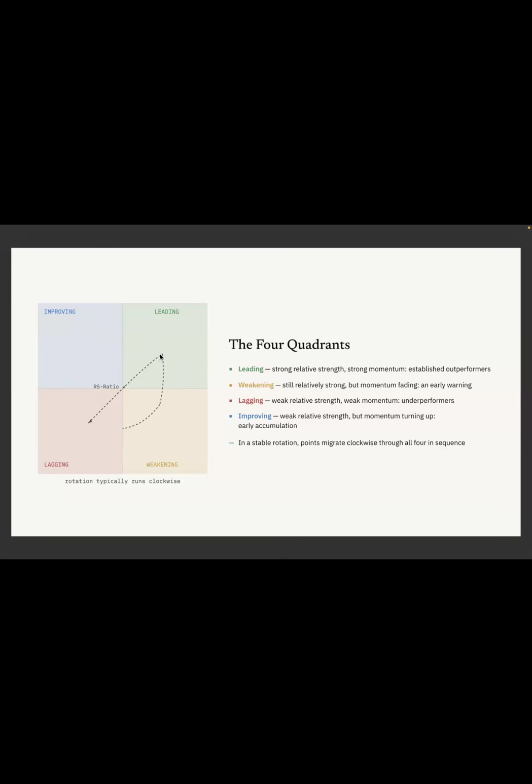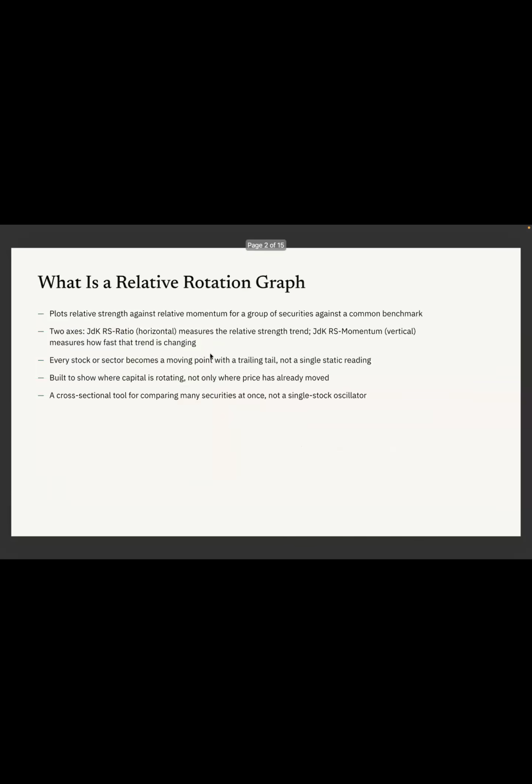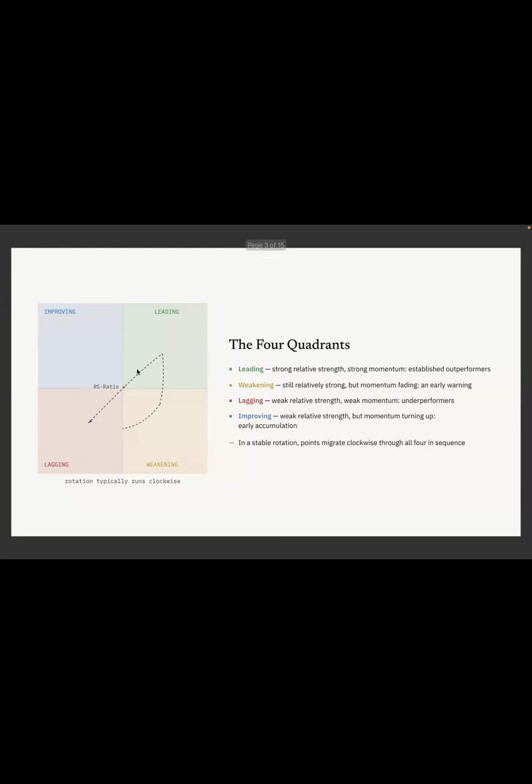What can happen is that from leading it can go to weakening, and from lagging it can again go to leading. But a visual representation will help you understand where your stock is in a particular quadrant and what to expect from that stock itself. So this is how the RRG chart looks.